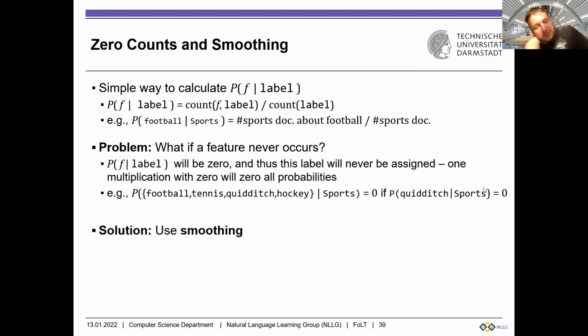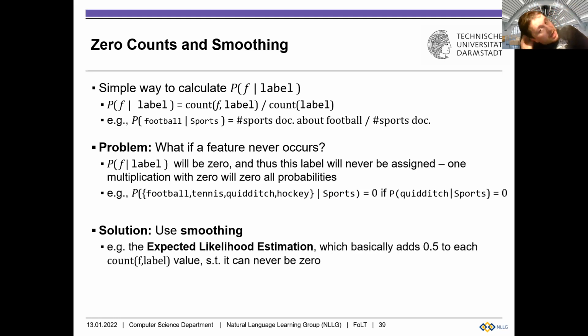So what we typically do is something called smoothing, which means that we never allow zeros. We would add a small epsilon to each count, so that we don't get 0 values and we get a positive term instead. And if we have a positive term, then the probabilities never get 0, and we can assign all possible labels to all possible features.